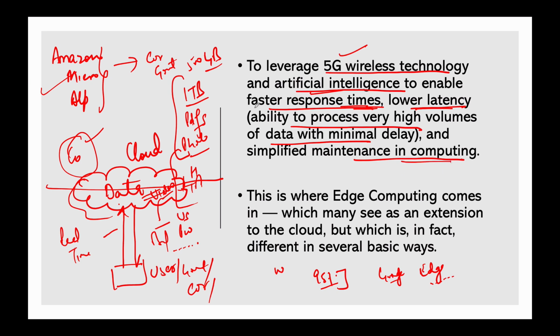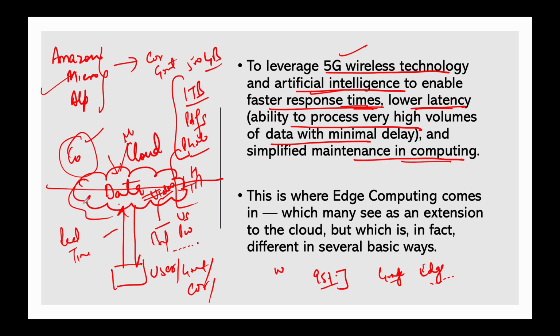Maintenance in computing means that you have saved your data in this cloud and now you're not responsible for your data. Even if something happens to a particular cloud service, it's their responsibility to give you back your data. They have multiple copies of your data, and how they store it is their headache. But now you got my point, why they are moving towards edge computing.